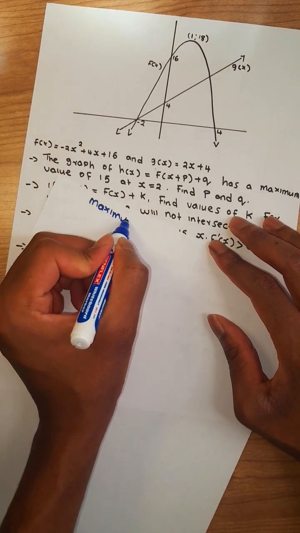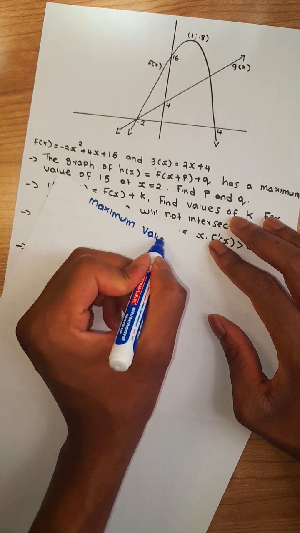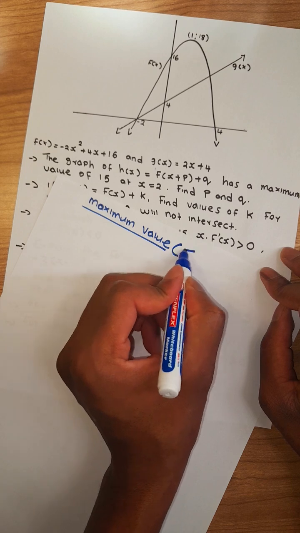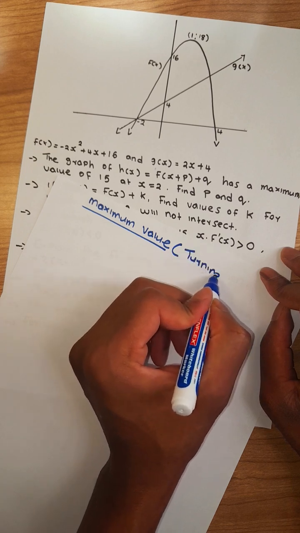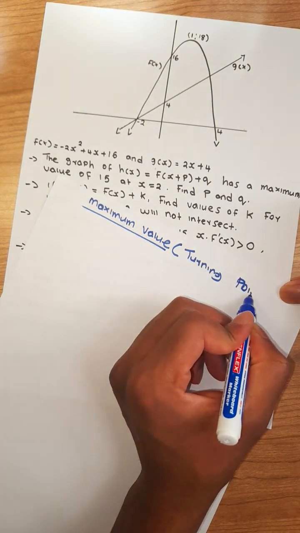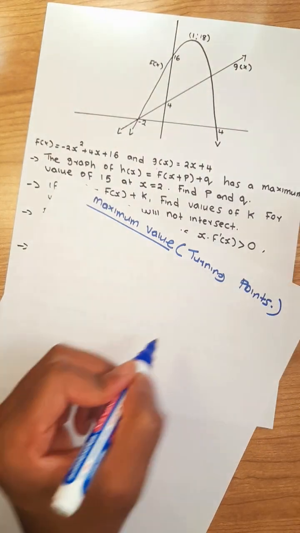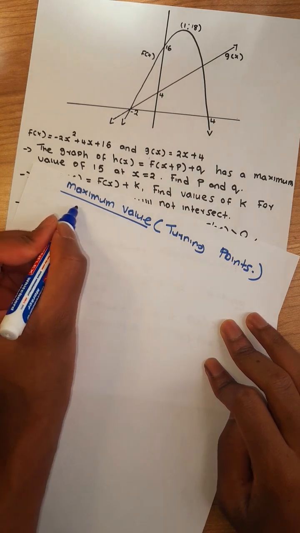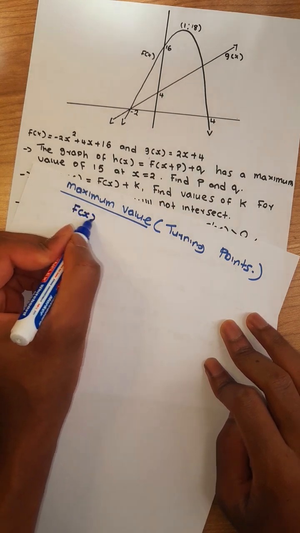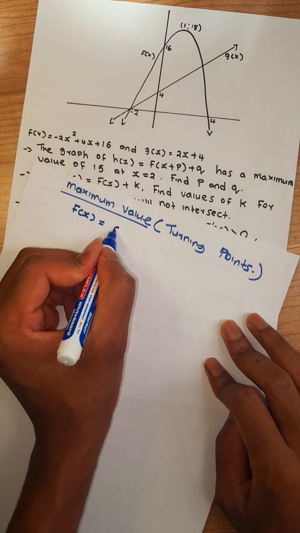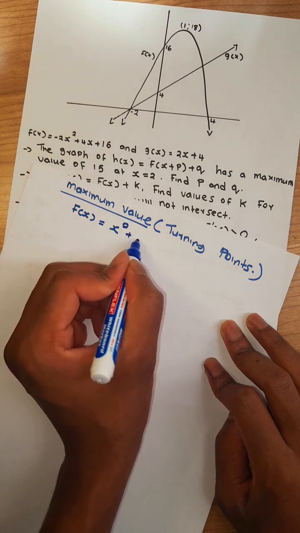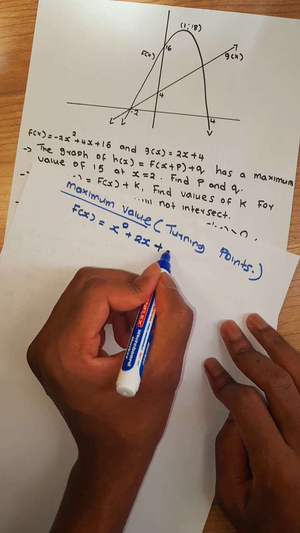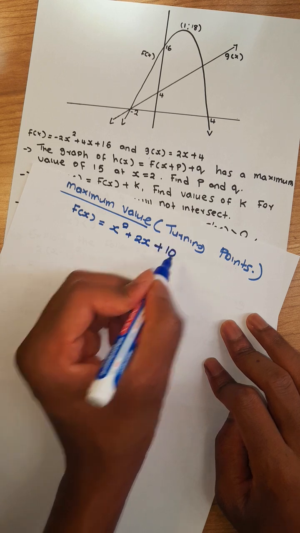Maximum value. Whenever you hear this term maximum value, just think of turning points. Now, where are these maximum values actually coming from? Let's say you are having a function f at x equals to perhaps x squared plus 2x plus 5 or something, plus 10.